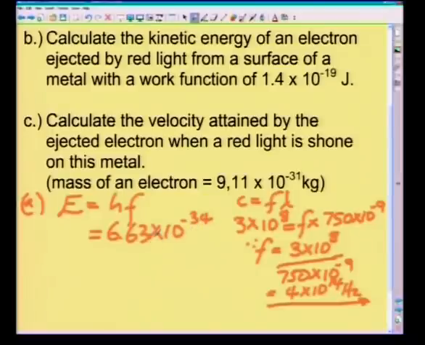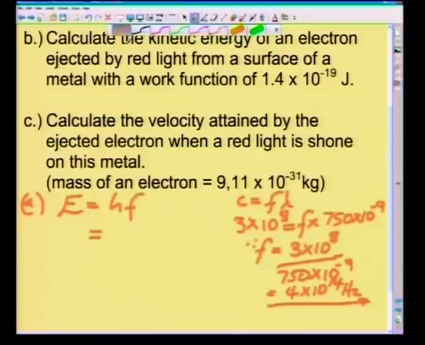So we'll say that this will be equal to HF. Okay, let me get some space here. That will be HF, which will be h, 6.63 by 10 to the power minus 34, times the frequency, which is 4 by 10 to the power 14. And what is that energy?